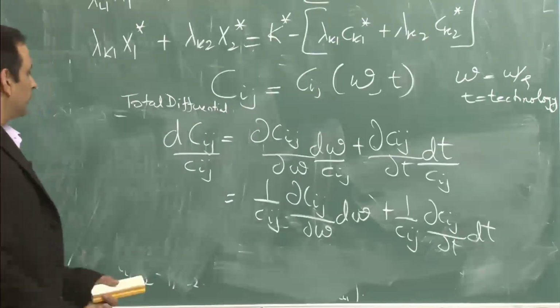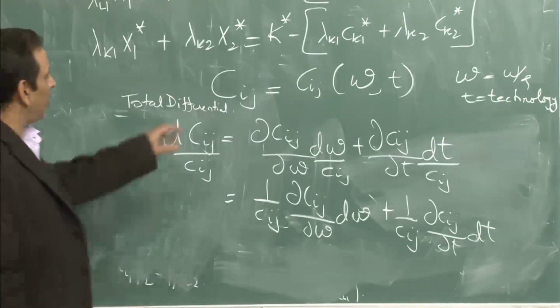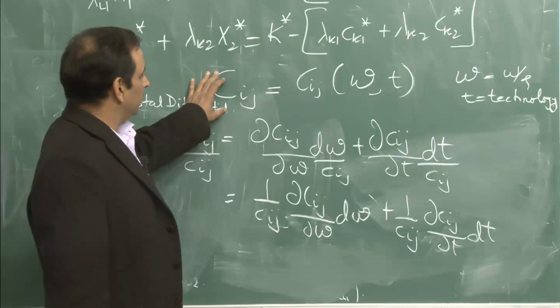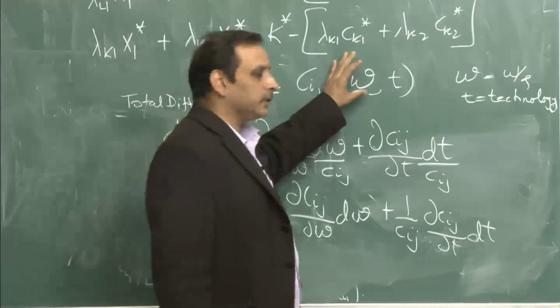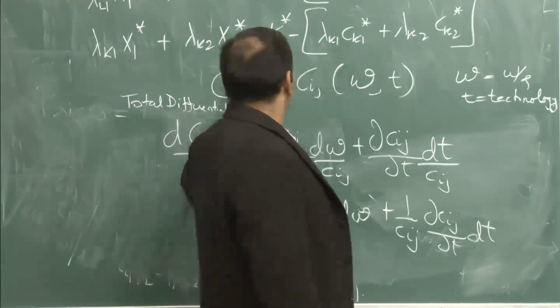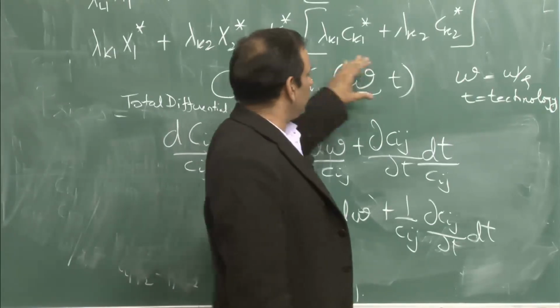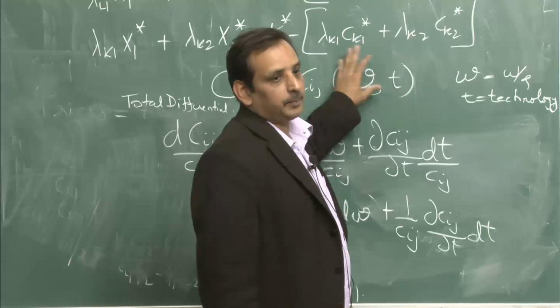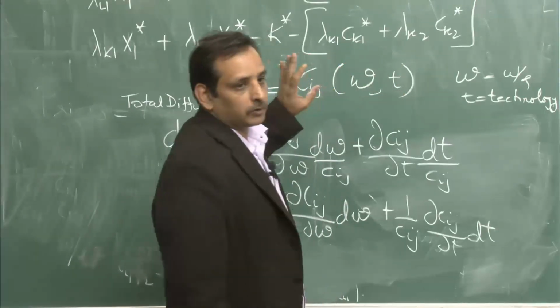Now, what it depicts is that this input output requirement changes because of changes in omega, keeping technology constant. It also changes because of technology, keeping the relative wage rate constant.